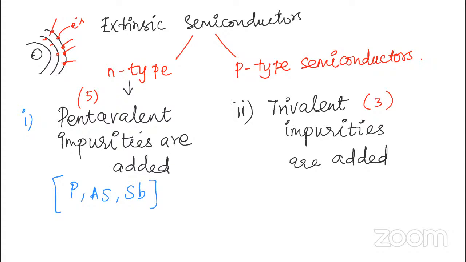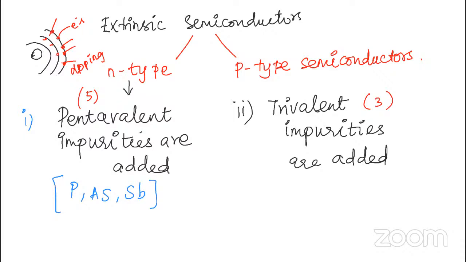Okay, so the process name is doping. Suppose 5 atoms are attached in the outermost shell, we name it an N type semiconductor.